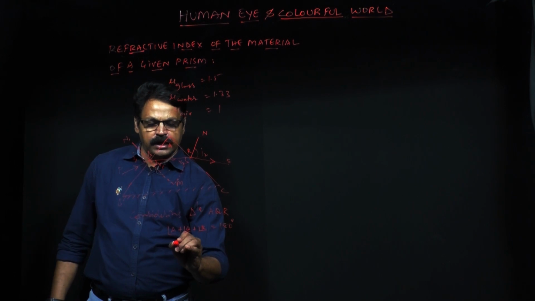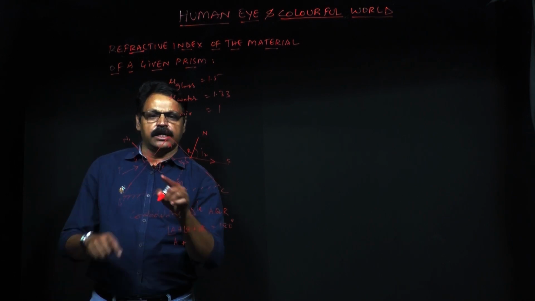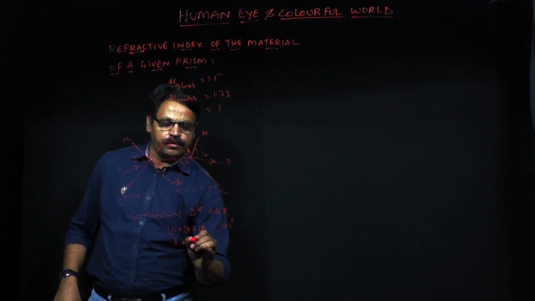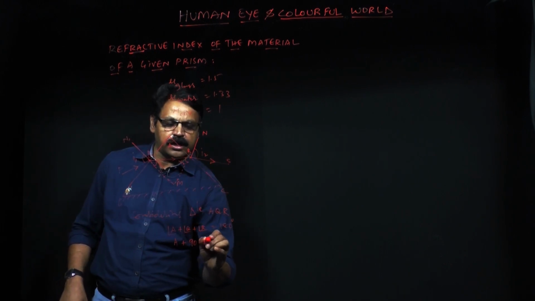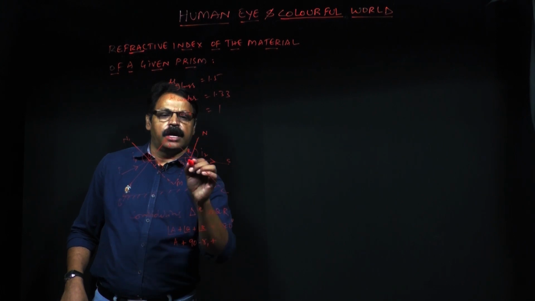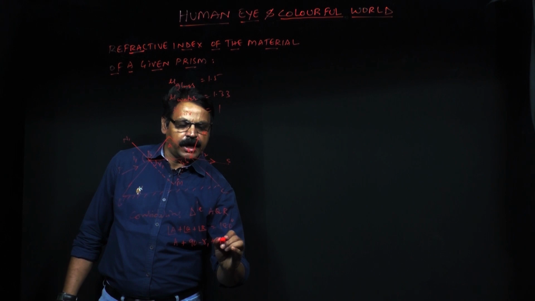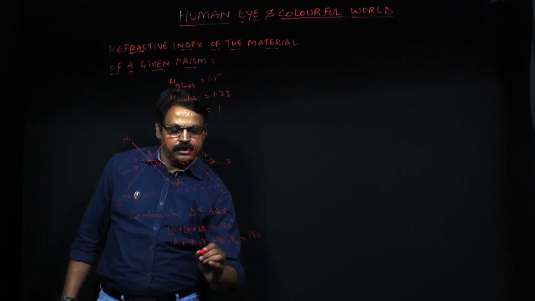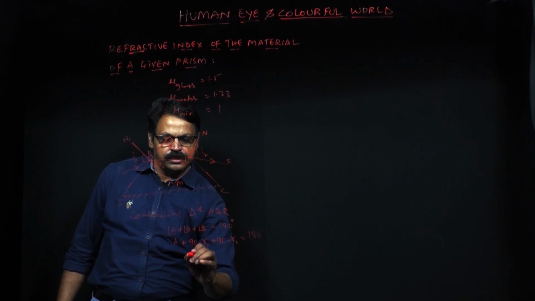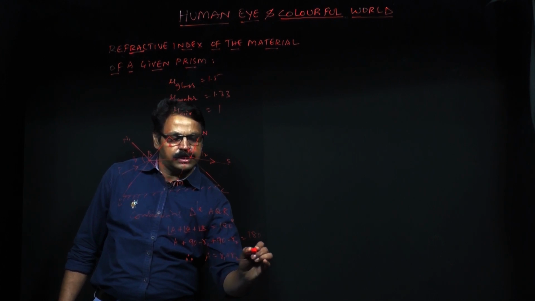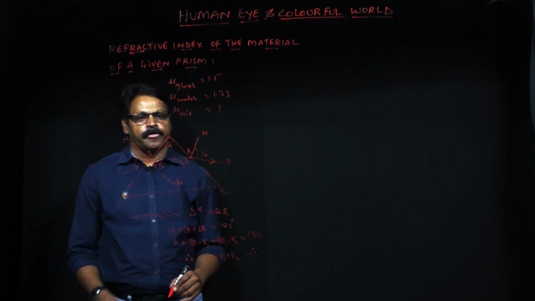Here, since it is a normal, angle Q can be written as 90 minus R1, and angle R is going to be 90 minus R2. So 90 minus R1 plus 90 minus R2 plus A is going to be 180 degrees. Simplifying this, I get A is equal to R1 plus R2. Let us say this is equation 1.